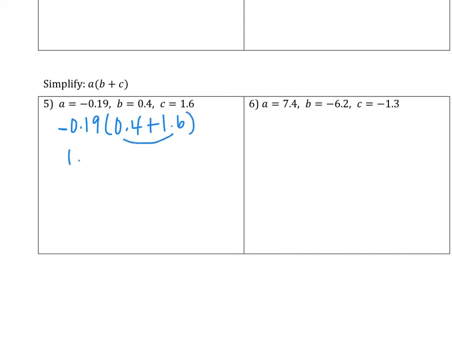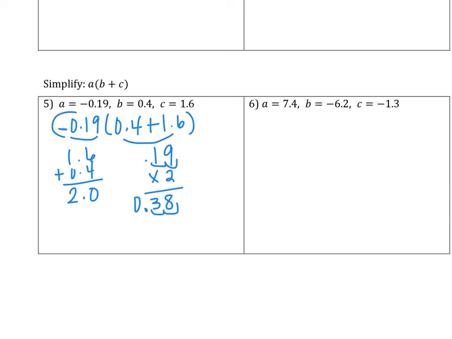So that's 1.6 plus 0.4, and that's going to give us 2.0. And now we're going to multiply that here. We get 19 hundredths times 2. That's going to be 38. Count 1, 2 decimal places, 1, 2 decimal places. So 38 hundredths. Now check our sign. This 19 hundredths right here was negative. These here are positive, so it's a negative times a positive. So our answer is going to be negative.